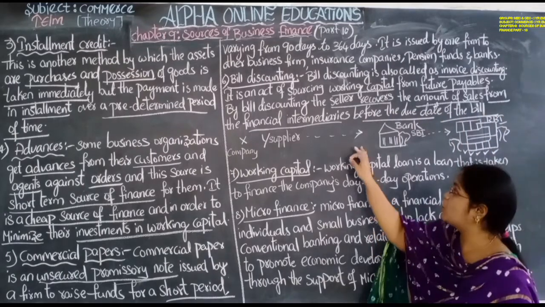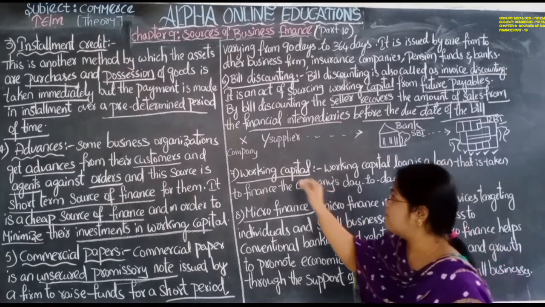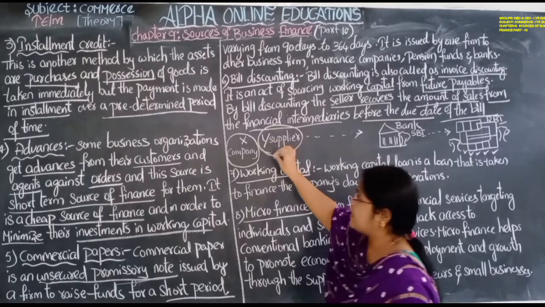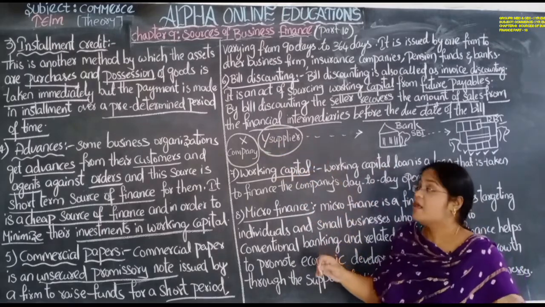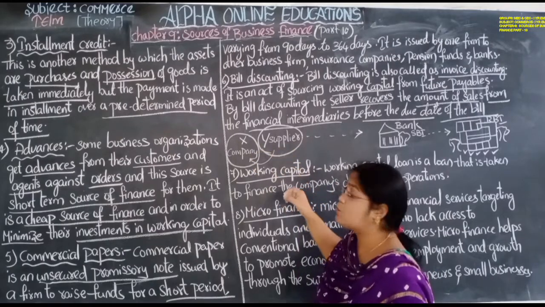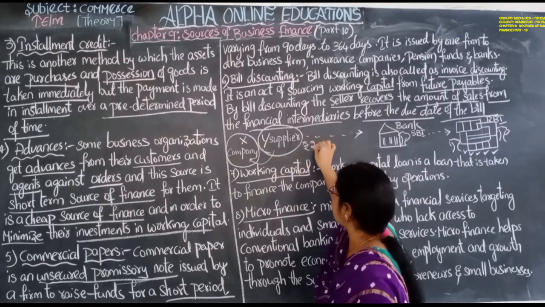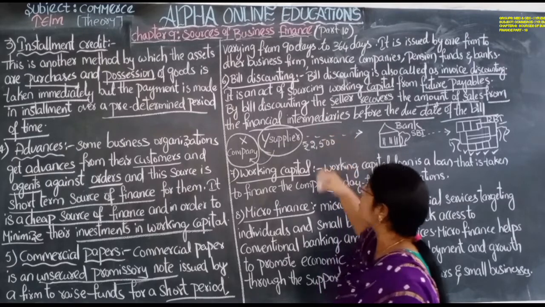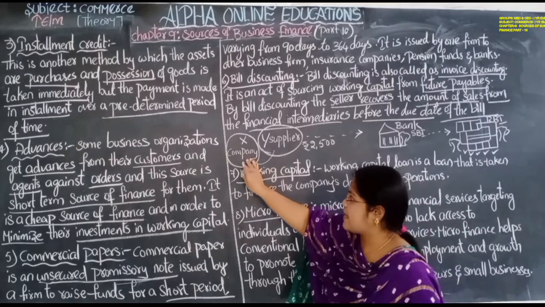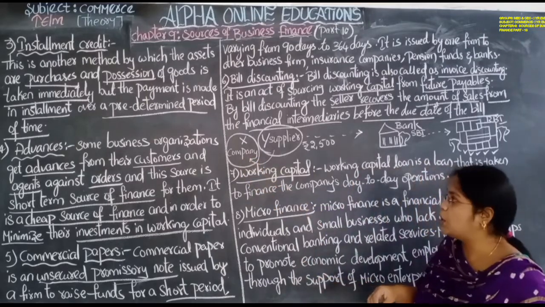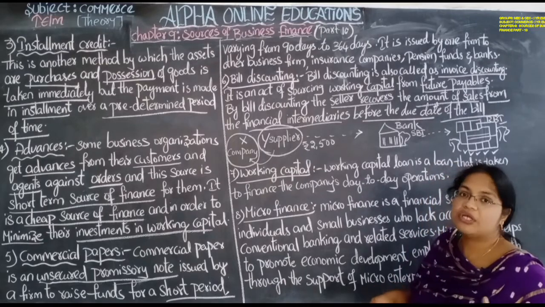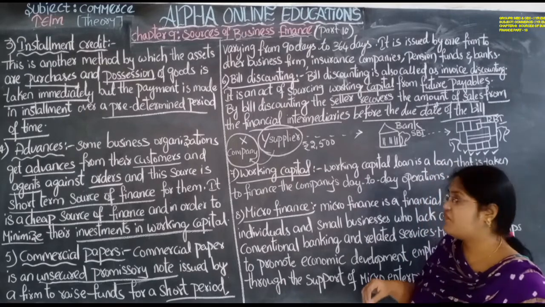I will explain with one example. X is a company and Y is a supplier. Y supplied certain goods to X, whose value is 2,500 rupees. The company told him that at present it doesn't have money, so it will pay on a specific date.